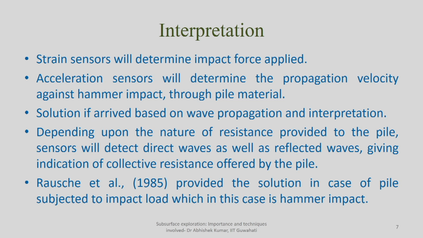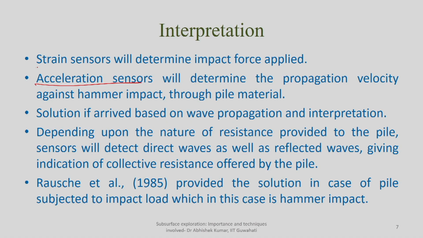Now, interpretation, as I mentioned, strain sensors will help in detecting how much is the force applied or impact load, or the resistance offered by the soil, whether it is skin friction or end bearing. So, what is the resistance offered by the soil at different layers.